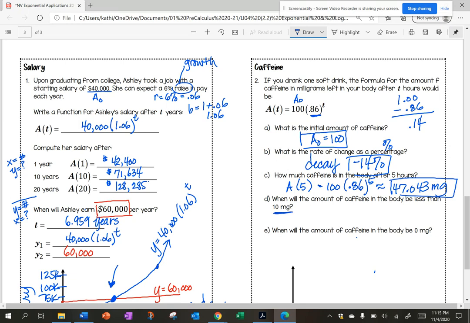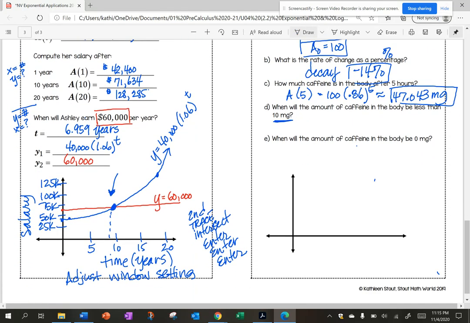So this is setting up my chart. I'm going to do the same process here. I'm going to plot some numbers, so I know the caffeine is my y-axis. I have a maximum of 100, so I'm going to count these by 25: 25, 50, 75, and 100. And these are in milligrams.